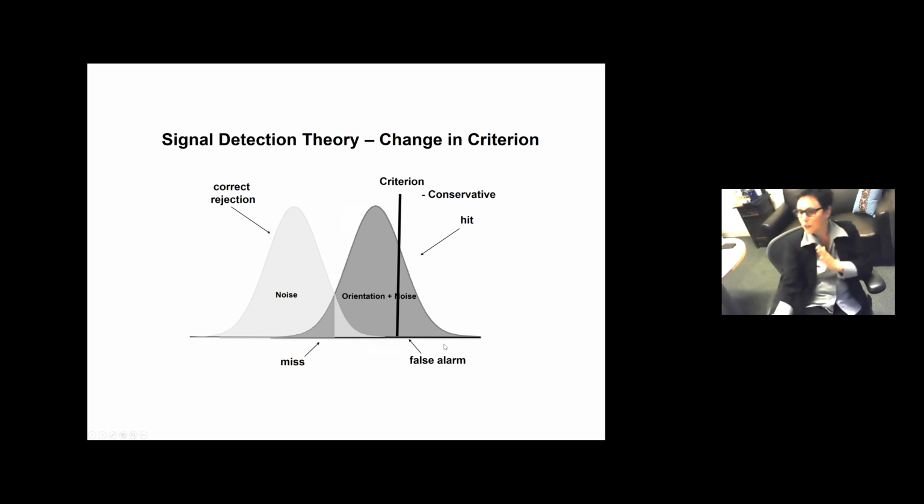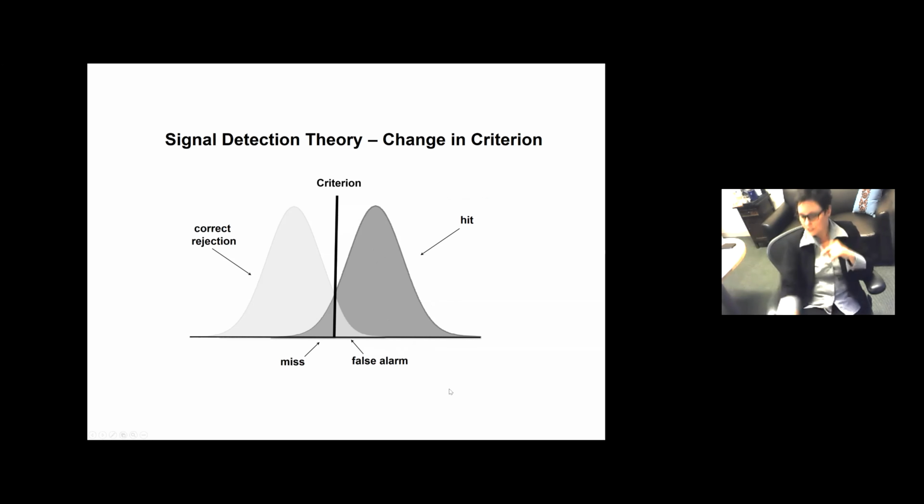So when you get more conservative, your hits will go down, because there are many fewer hits here. You're going to be saying no a lot more. And your false alarms will go down, right? Because now none of this noise distribution falls to the right of your criterion. So your hits and false alarms are going to go down.